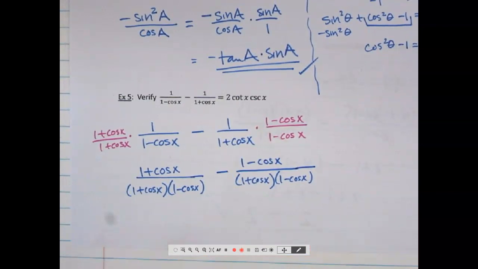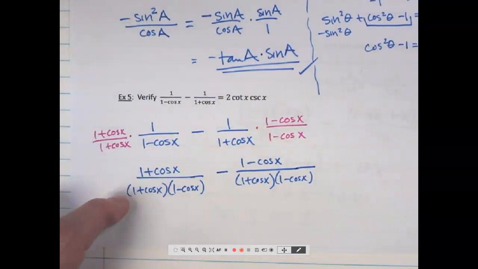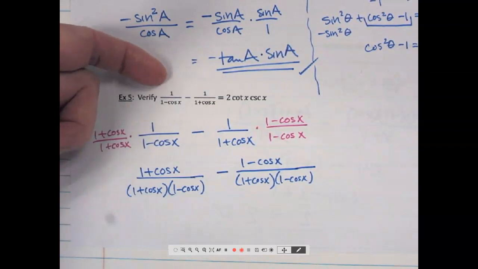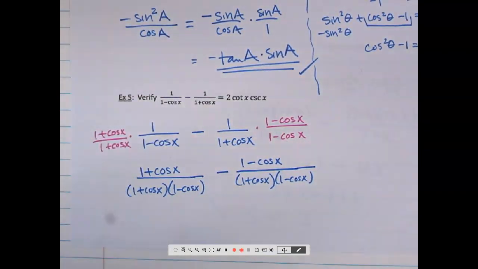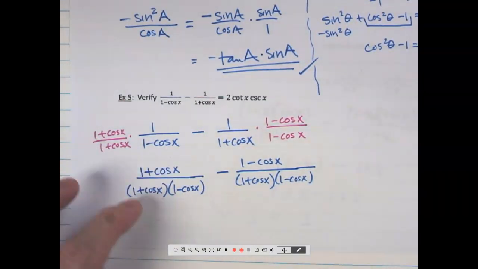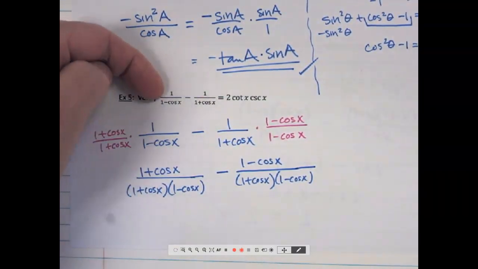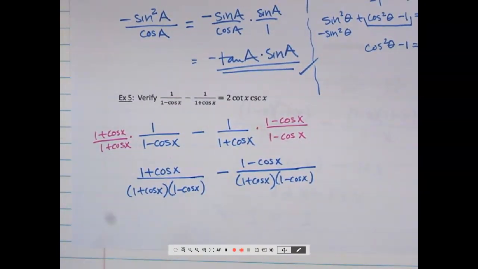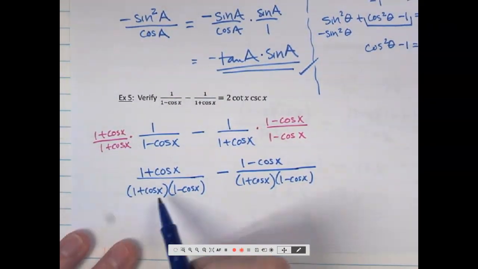Okay, do I want to cancel these common factors? Why? If I cancel those, I'm going to go right back to what I started. It's like an endless loop that I can't get out of, like a hamster on a wheel, right? Don't cancel, because then we go right back to step 1 again. So leave them as is. Let's combine them into one fraction.